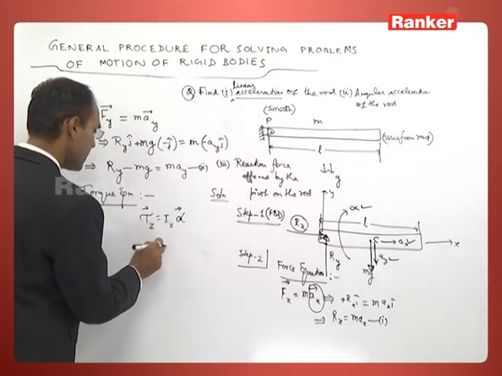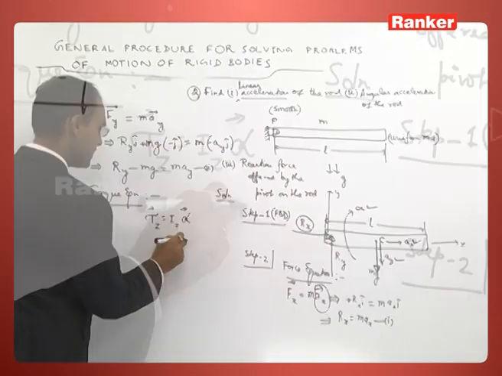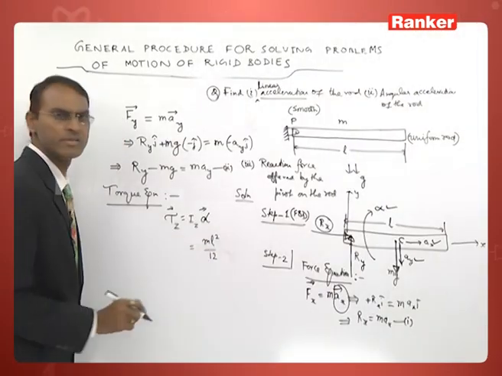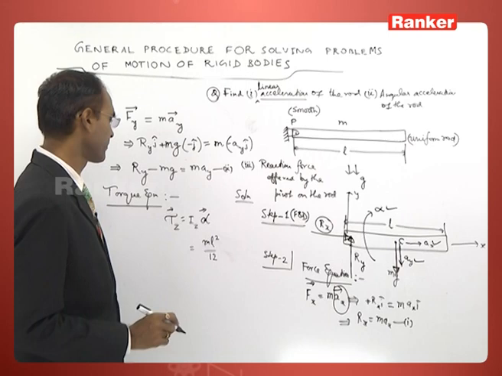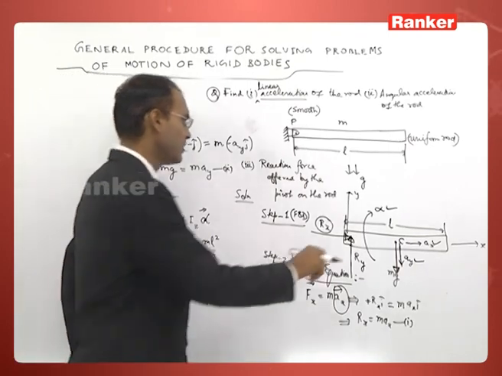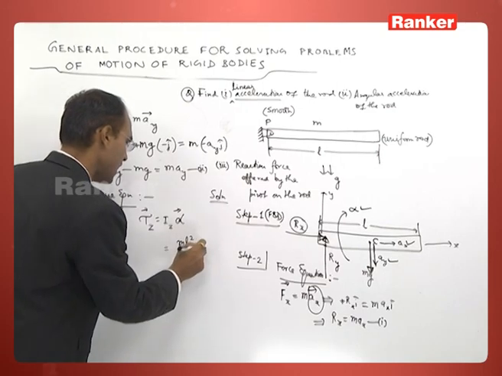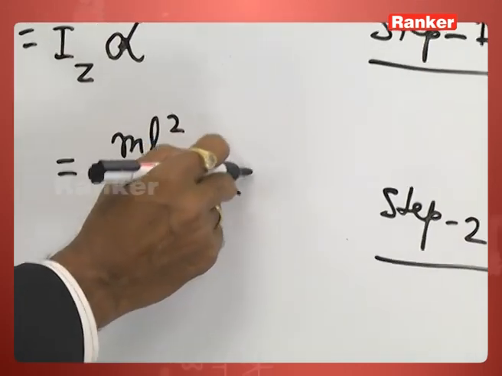The moment of inertia is equal to ml square by 12. And alpha we have assumed in clockwise sense. So here alpha can be written as minus alpha k cap.